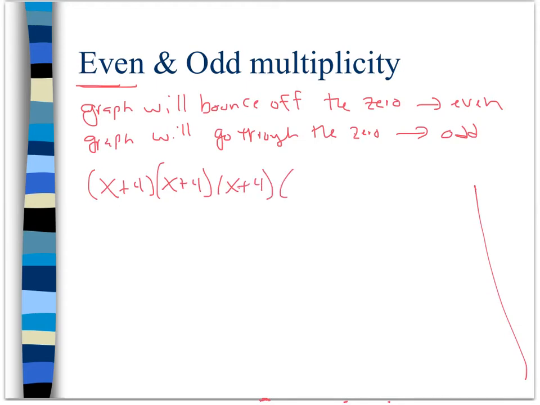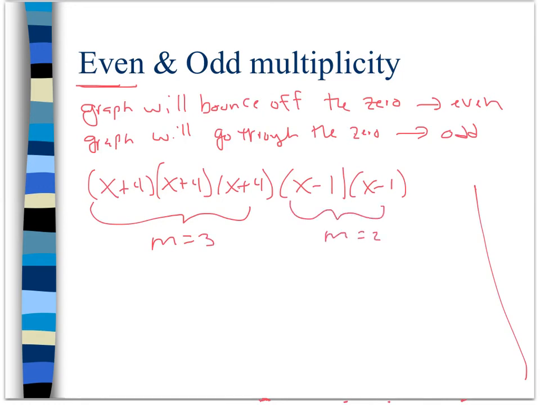And then I had x minus 1, x minus 1. So m is equal to 3 here, m is equal to 2, so this one will go through, and this one will bounce.